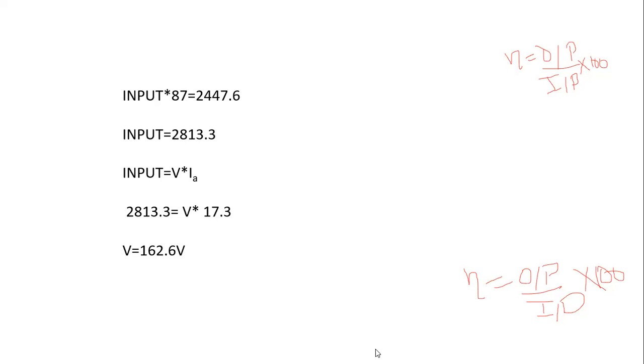The main important topics are these: construction, working, EMF equation, types of DC generator, losses and applications, and tests of a DC generator. That is the OCC test or the synchronous impedance test, the two methods for testing of a DC generator, and related problems.